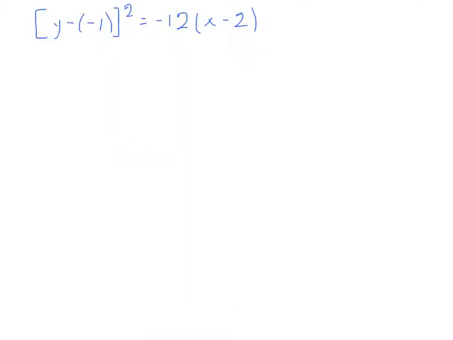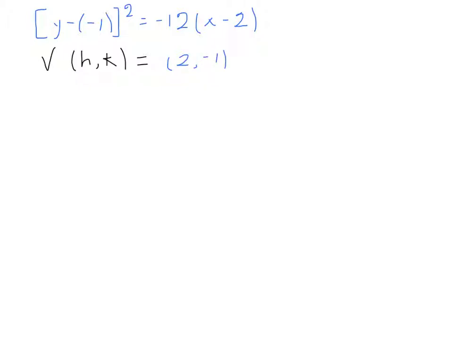Now in this format, we should be able to recognize the vertex. Remember that the vertex comes in the order of h, k, where h is always with the x variable and k is always with the y variable. So our vertex in this case is 2, negative 1.